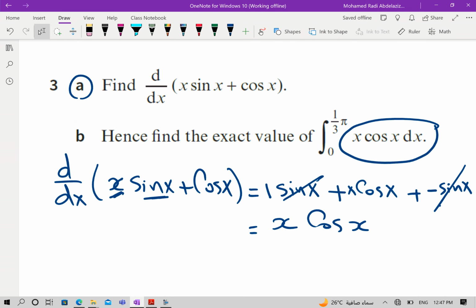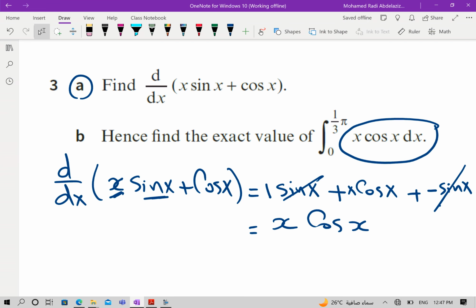In the final exam, for A2 level, if part A says differentiate and part B says integrate, hence means it is directly the inverse operation. So the derivative is x cosine x; if asked to integrate x cosine x, just write this answer plus c.